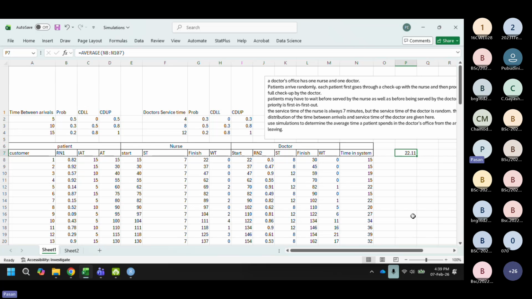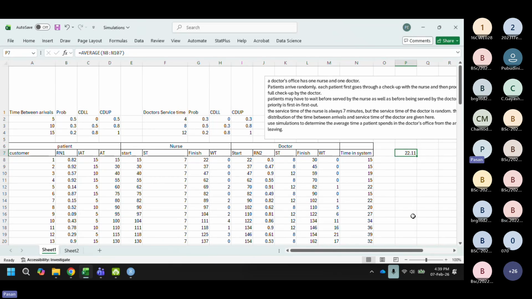If you want to reduce that, the better thing is to increase the number of servers. Of course, there's no point in increasing the number of doctors without increasing the number of nurses, because the nurses are taking 7 minutes. Without changing that number, if you increase the doctors, then the doctors might be more idle.